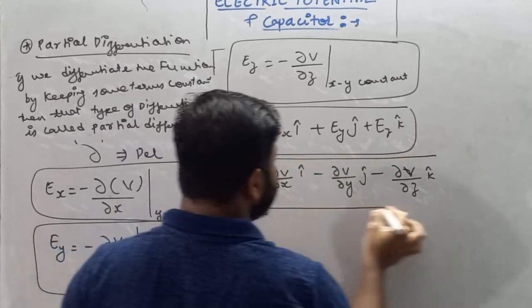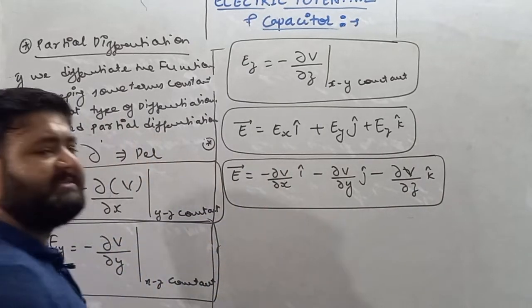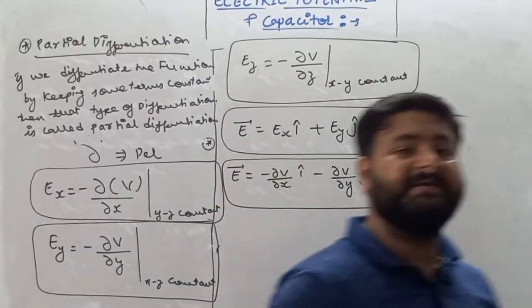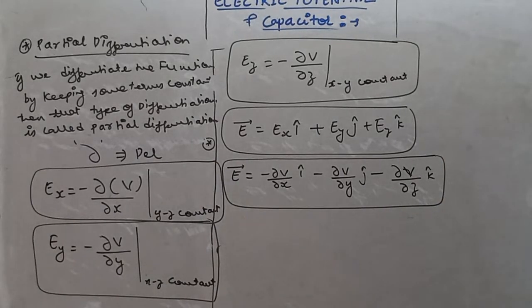So this is the formula of the electric field when the field is variable, as we already discussed: E vector is equal to Ex i cap plus Ey j cap plus Ez k cap.